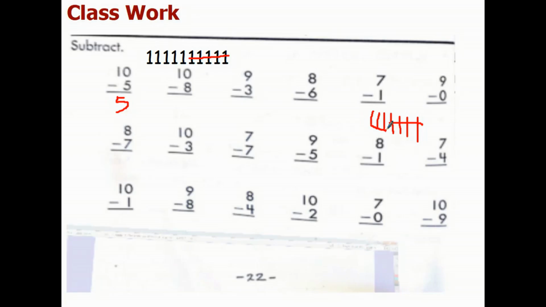See, 3 remaining. So the answer will be 3. Clear, students? Good. This is how you do the classwork. Now start doing. When you finish, you'll see the answers. Start now. You have 10 minutes for this one. You can pause the video if you need.